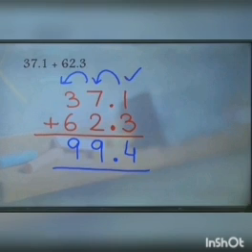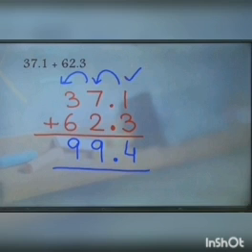So 1 plus 3 gives me 4. Then I put the decimal point. Now I move one step to the left and add the digits. So 7 plus 2 gives me 9. Once again I move one step to the left and add the digits. So 3 plus 6 gives me 9. So this is the answer. The addition of these two numbers is 99.4.